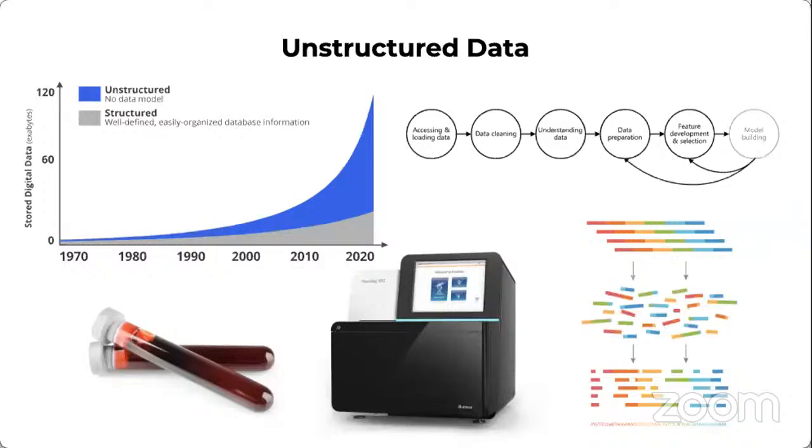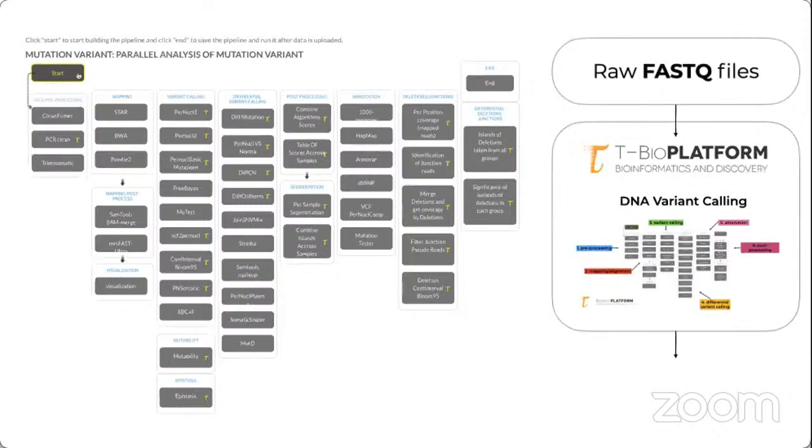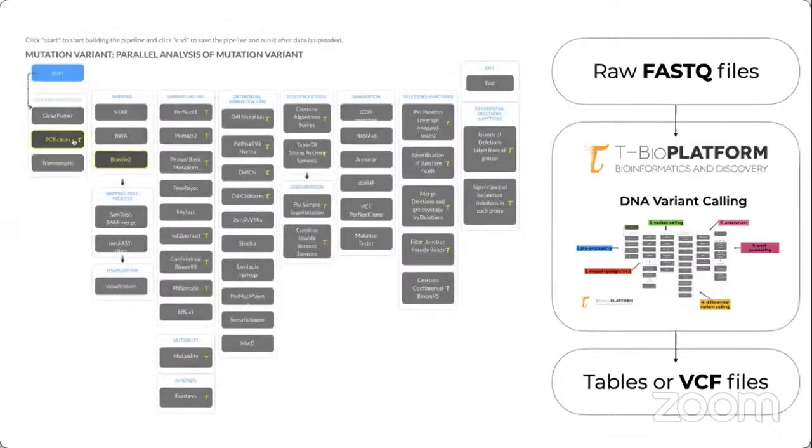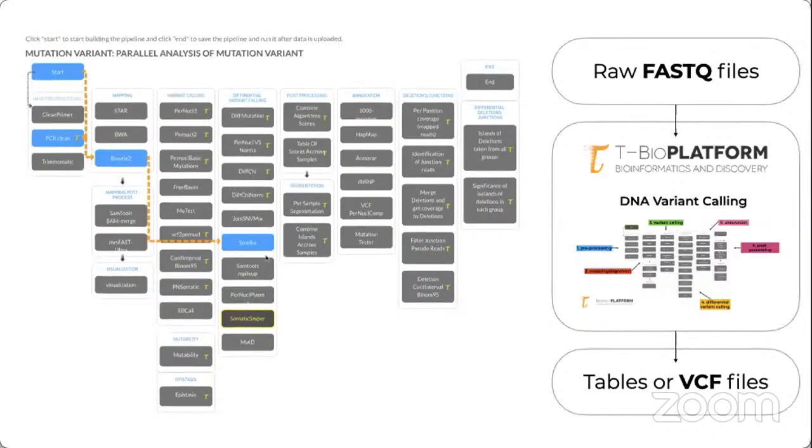There are different ways, as I mentioned, to go from unstructured data to structured data. We will discuss a few, and how it is possible for example in the bioinformatics platform or big data bioinformatics platform that we have in the Cloud Bioinfo platform. For example, in the case of genomics data, we always start from raw FASTQ files, and then we use a pipeline, called a DNA variant calling pipeline, where we select specific algorithms that take the raw FASTQ files and subject them to a sequence of analysis methods.